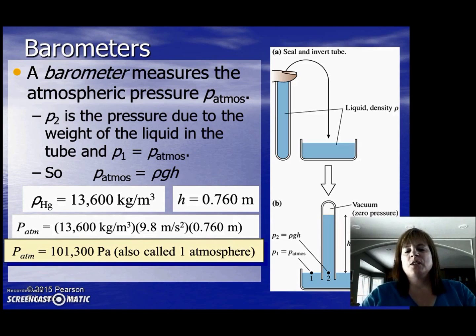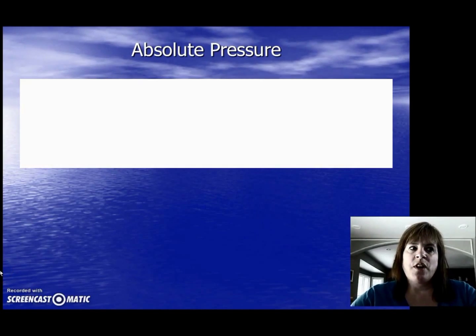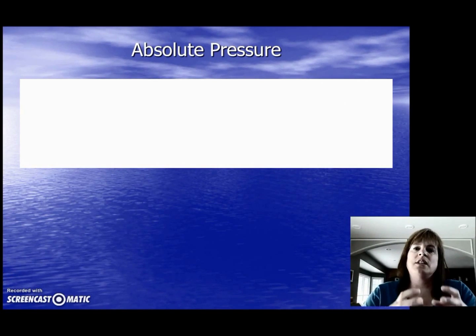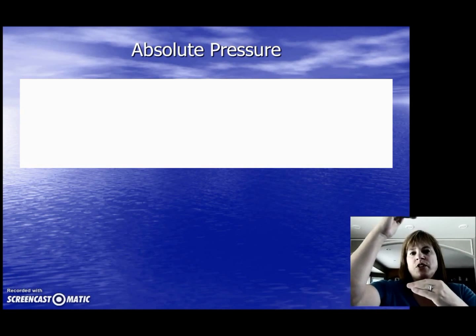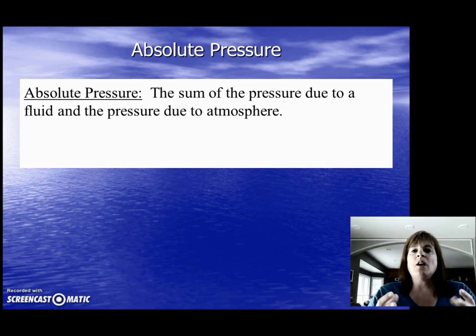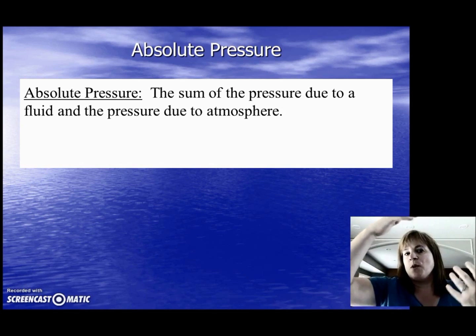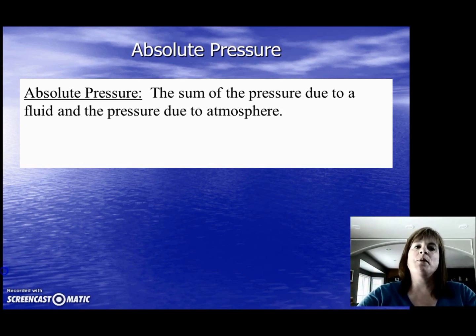There's a bunch of different units, but remember the pascal is the SI unit, and that's what we're going to use in physics. What we've talked about so far, this pressure due to the density and the height of the fluid and the pressure above, is called absolute pressure. Absolute pressure is the sum of the pressure due to the immediate fluid, like the liquid in that container, and the pressure due to the atmosphere above, if the container is open.